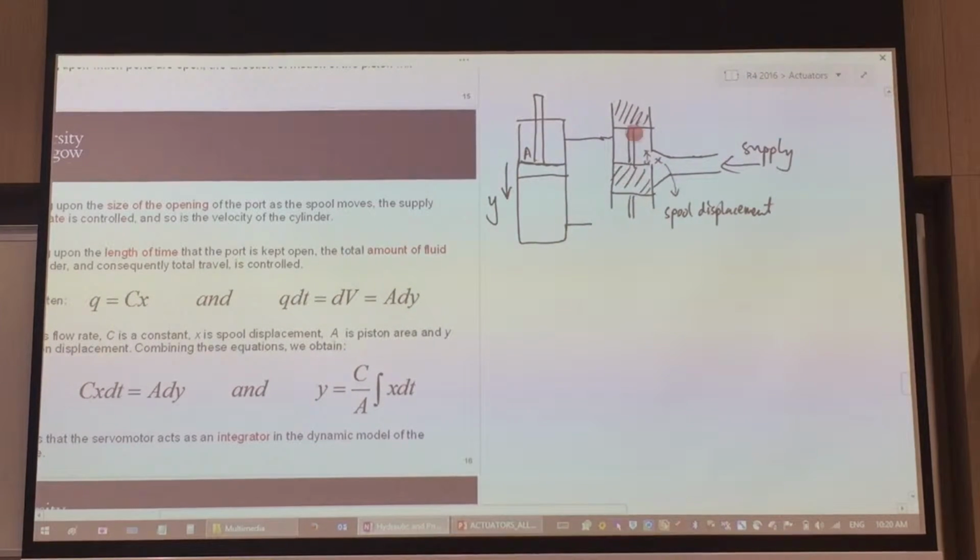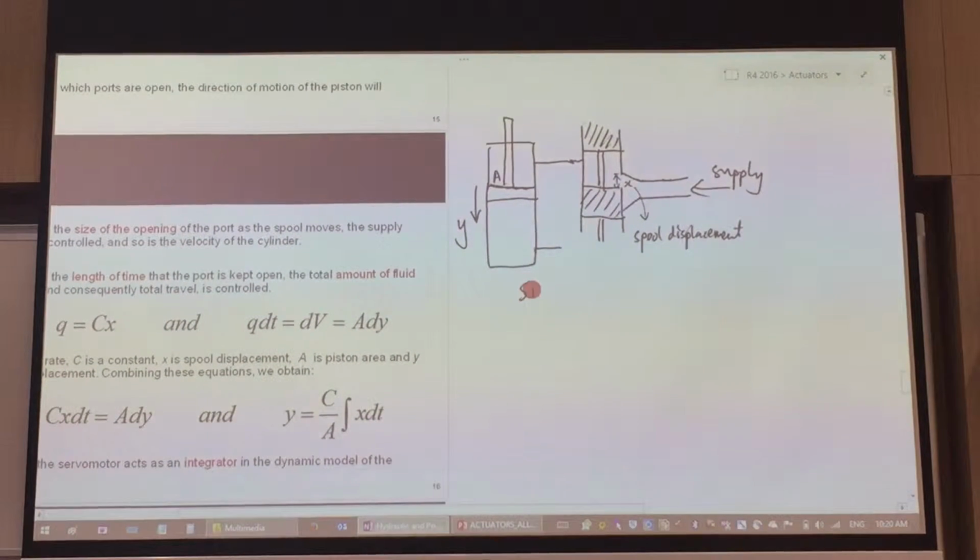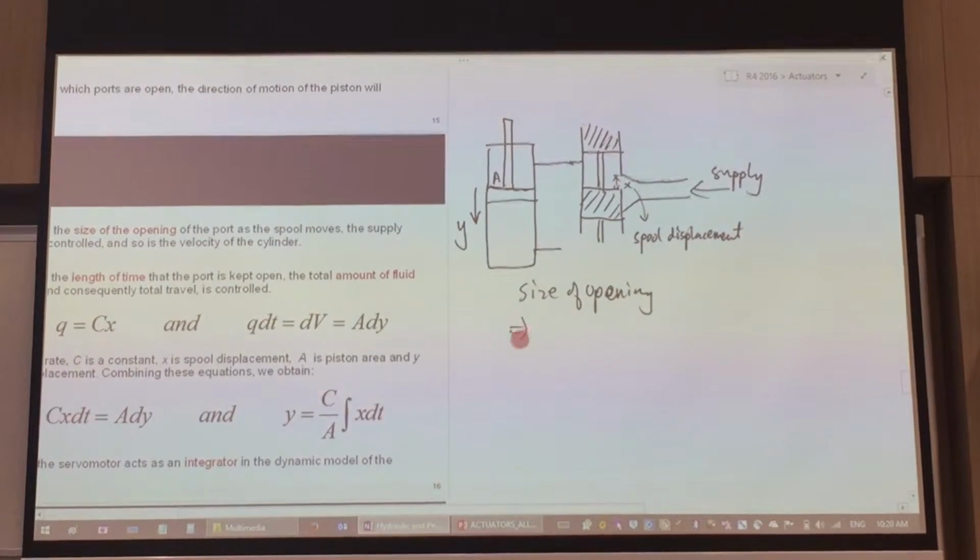And as you move the spool downward, then we call that amount of X as your spool displacement. So the size of this opening X will relate to the flow rate.